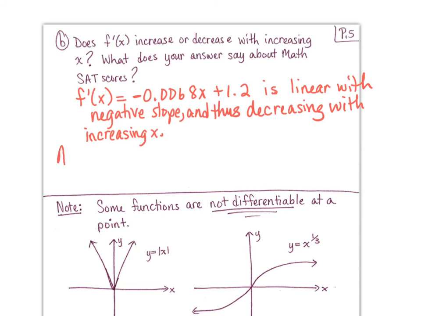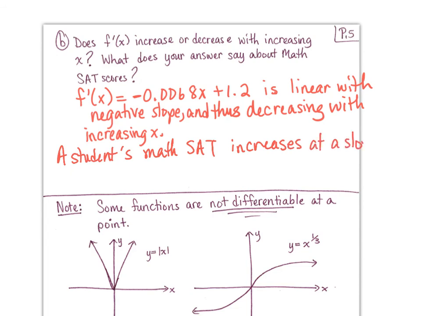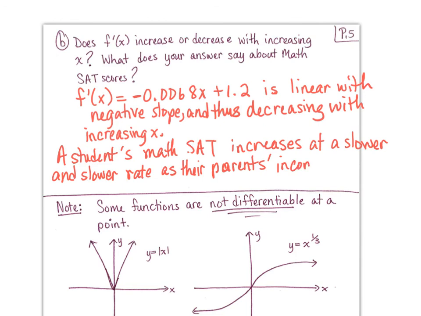So, a student's math SAT increases at a slower and slower rate as his or her parents' income increases. Okay? What questions do you have?